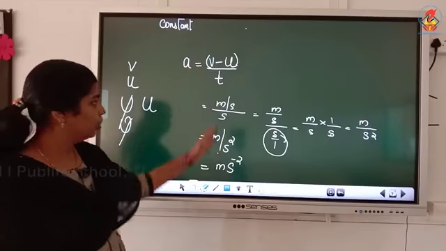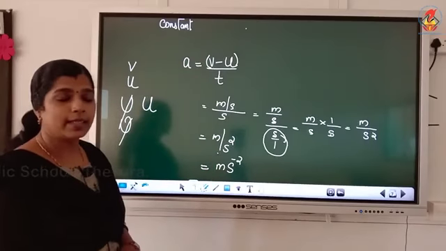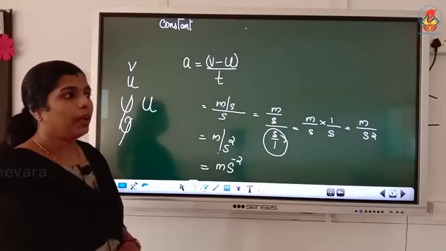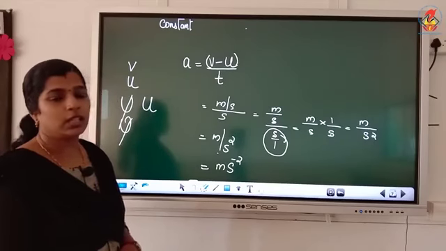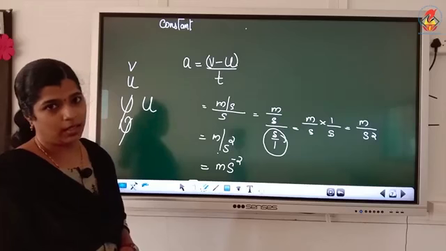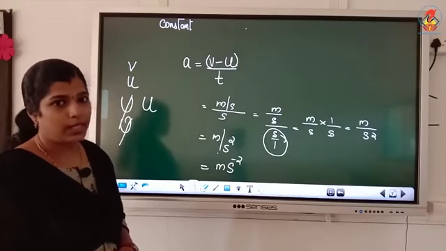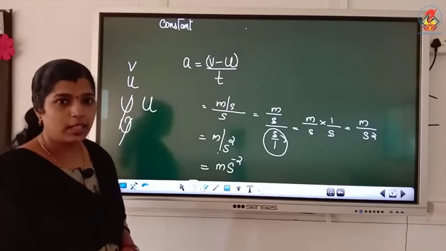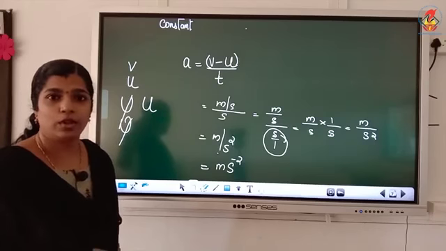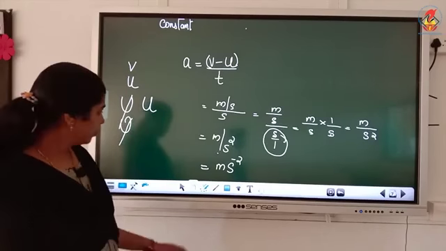You have to do it like this. Acceleration means change in velocity by time. SI unit of velocity is meter per second and that of time is seconds. So, meter by second, you will get the answer meter per second square. That is the SI unit of acceleration.